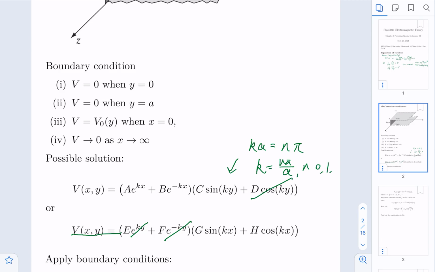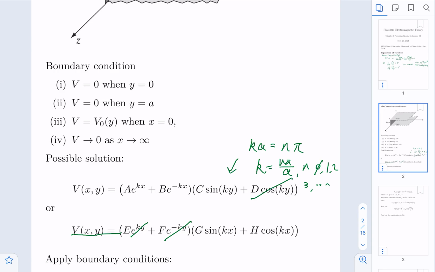If we plug in 0, then this is simply sine 0, which is 0, so V of x, y is again 0. So k equals 0 doesn't mean much. In reality, n should start from 1, 2, 3, and be a positive integer.